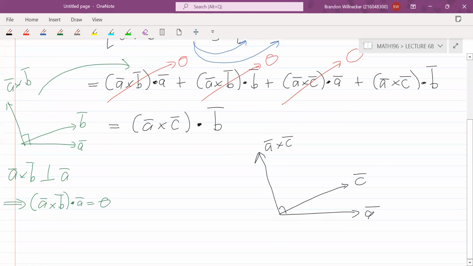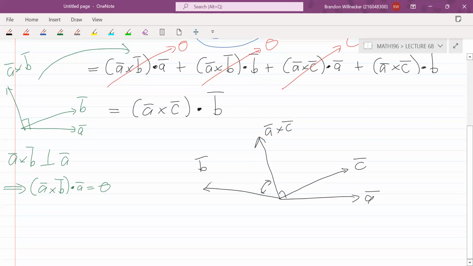The vector B could be anywhere. Maybe it's something like this. Okay, with some angle between them. They don't have to be perpendicular to each other. So A cross C dot B is just going to be some number. Okay, not necessarily 0.